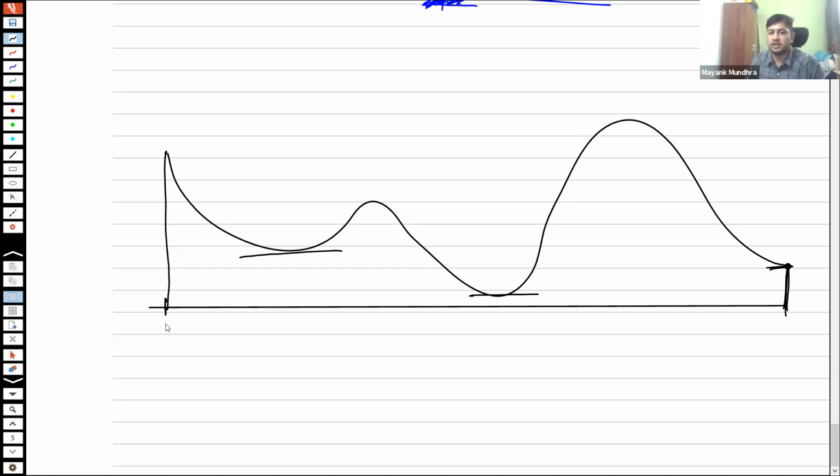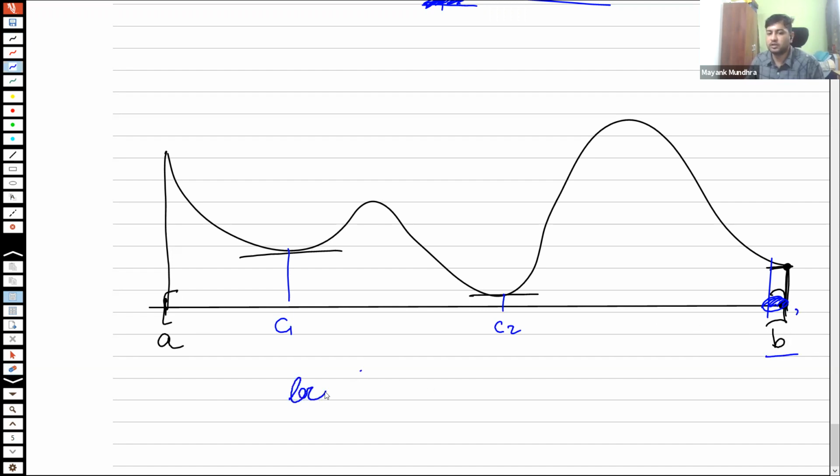Suppose this is my starting point A and this is my end point B, and the function is defined on A to B. It is still defined on B, right? And in its vicinity, if you take any subset of the domain here, this point is still the minima. So this point C1, this point C2, and this point C3, and this point B, they are all local minima.